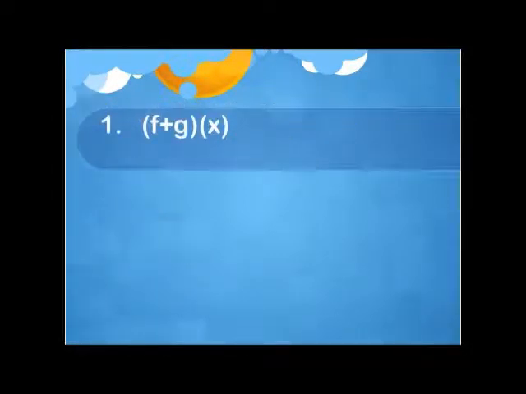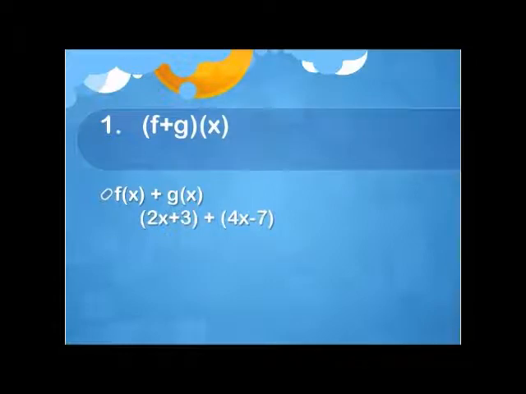When you have (f plus g)(x), you do f(x) plus g(x). Then you substitute for f(x) plus g(x): 2x plus 3 plus 4x minus 7. Then you add the like terms and you get (f plus g)(x) equals 6x minus 4.